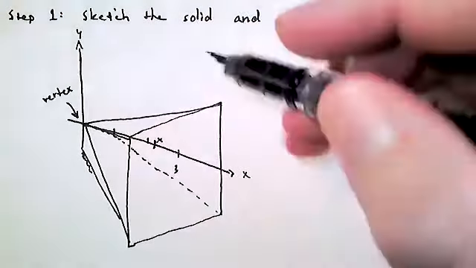A cross section of the pyramid is going to be another square, and this one is going to be a little bit smaller than the base.